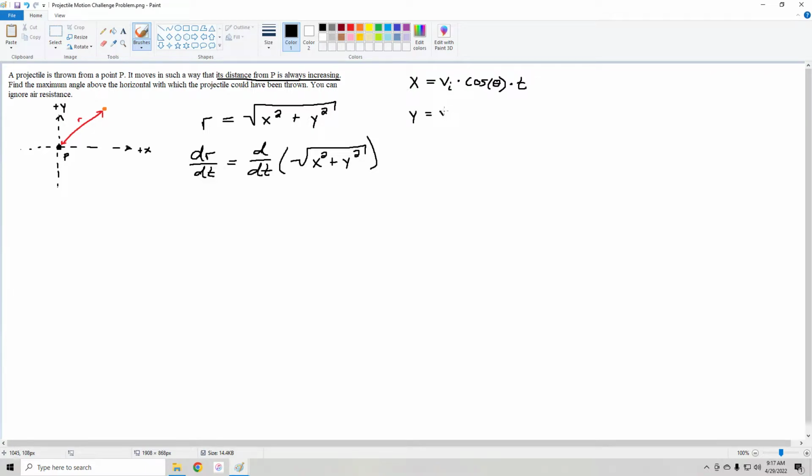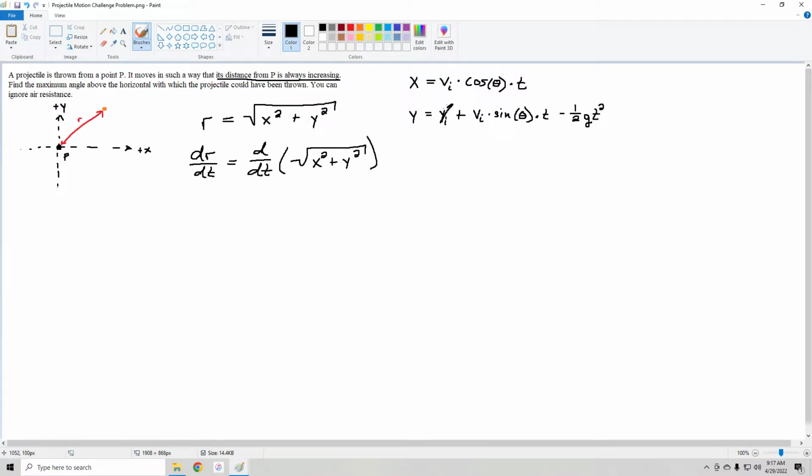We'll say like y initial plus v initial times the sine of theta times t minus 1/2 gt squared. But we can simplify this one a little bit because we said that P was put at the origin to keep things simple. And that means that the initial y value is just going to be 0.